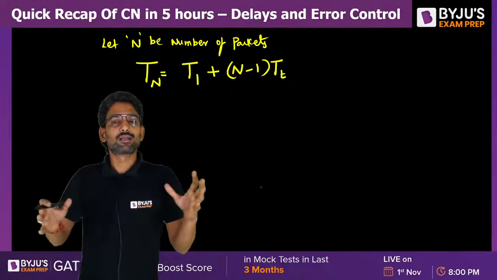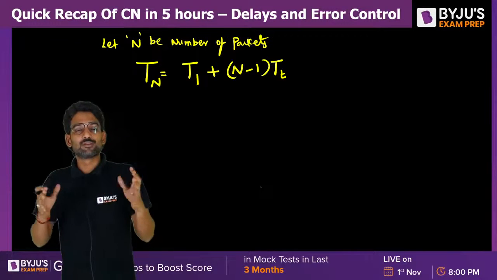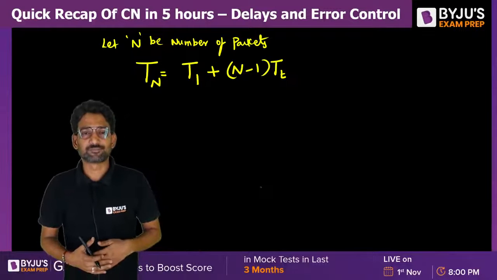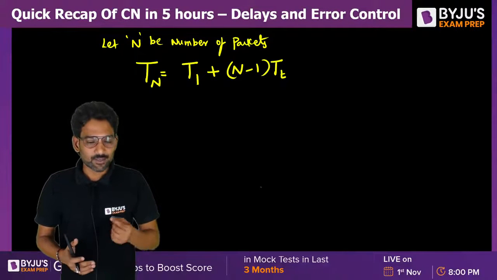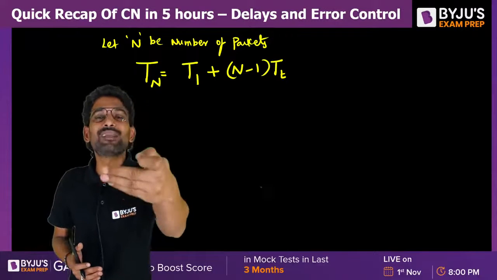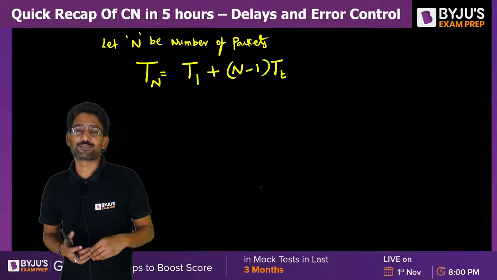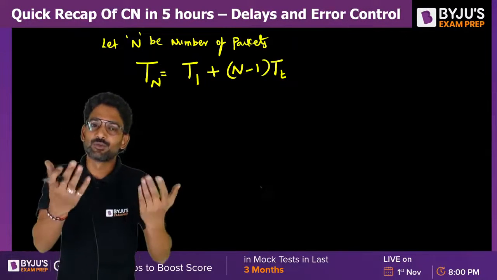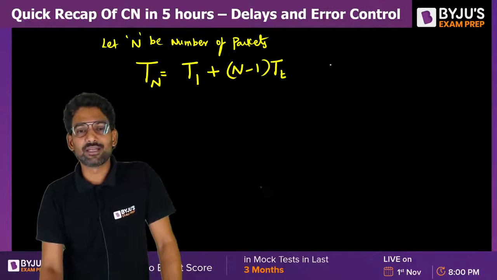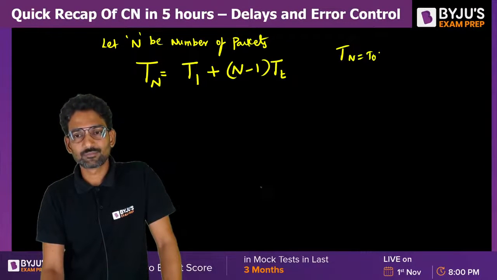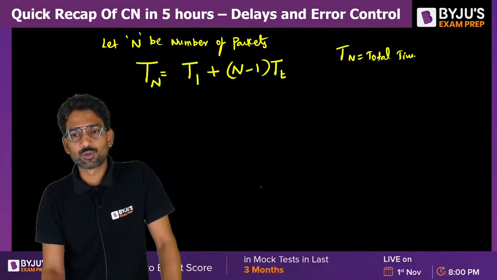So all the packets are active at all times. Got it? Every packet waits only until its previous packet's transmission is over. That is the only time any packet will wait. So here Tn is the total time for n packets.